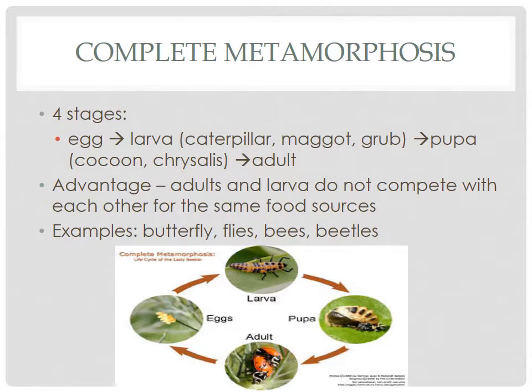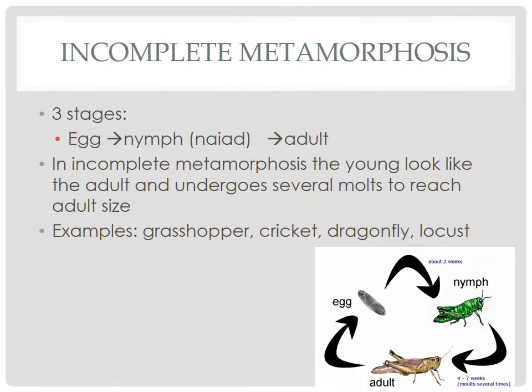One of the advantages of complete metamorphosis is that the adults and the larva are not competing for food, so there's no trouble in sustaining the organism. Some examples of this include butterflies, flies, bees, beetles, fruit flies. These are all organisms that go through complete metamorphosis.